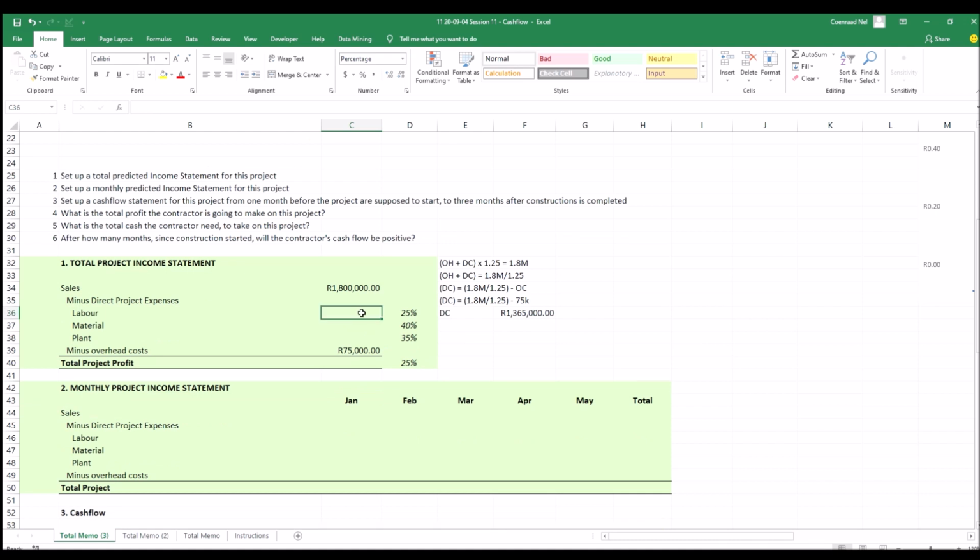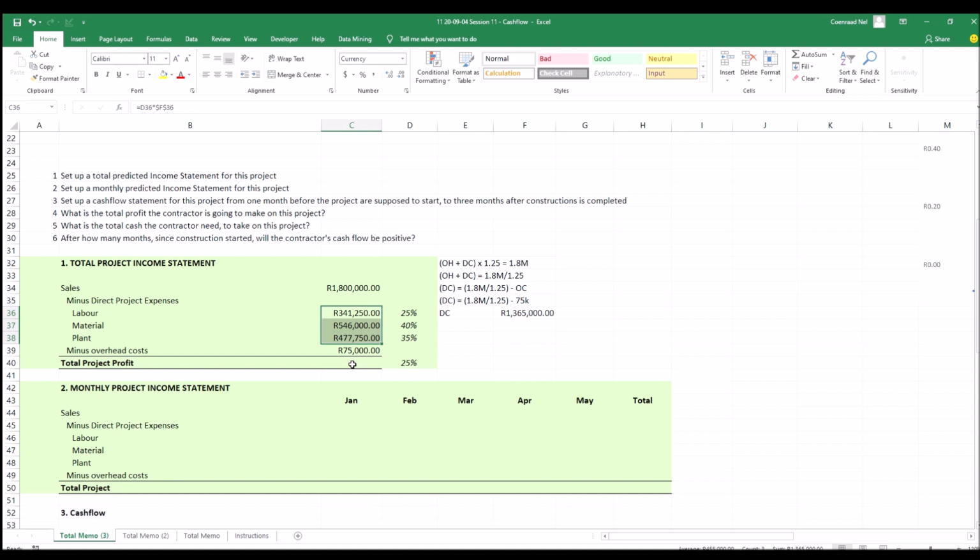Now, I know my labor costs equals 25% multiplied by this, and I can actually fix that, so I can just drag this down, and you'll see now 25% of that, 40% of that, 35% of that. If I add all of these up, you'll see there it's the 1.365 million rand.